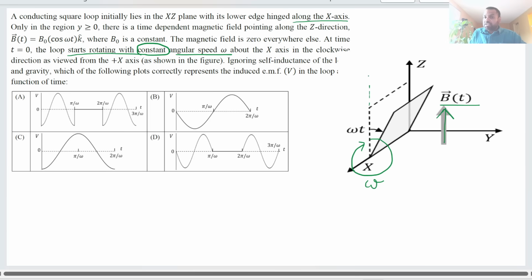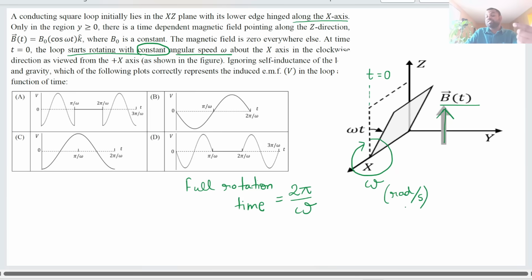Let's say this is t equal to 0, and you rotate like that. So the time to complete one full rotation will be 2 pi by omega. That is the formula, right? And remember, the unit of omega is radian per second. In 1 second, how many radians you complete, and in one full circle you have 2 pi radians. So that is the time.